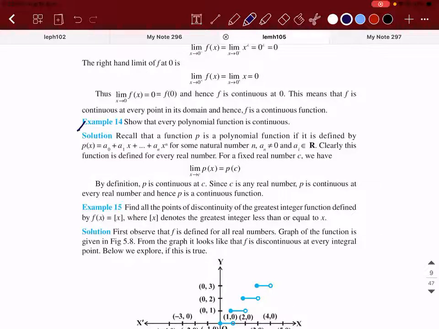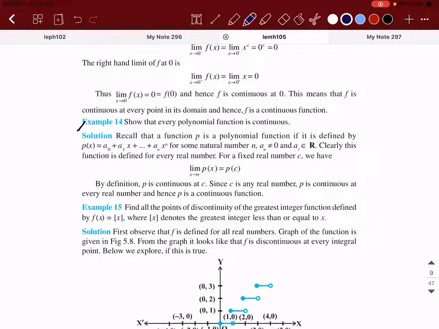What are they asking in example number 14? If you take a polynomial function, they're asking us to prove that it is continuous throughout its domain. What is the domain of a polynomial function? All real numbers. Now what are we supposed to do? Consider an element C that belongs to R and then do it. You can do it the way they have done it, with P of x.